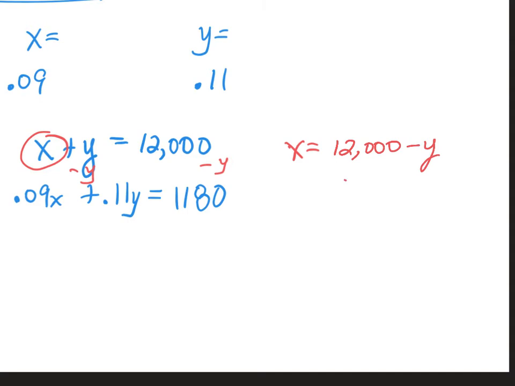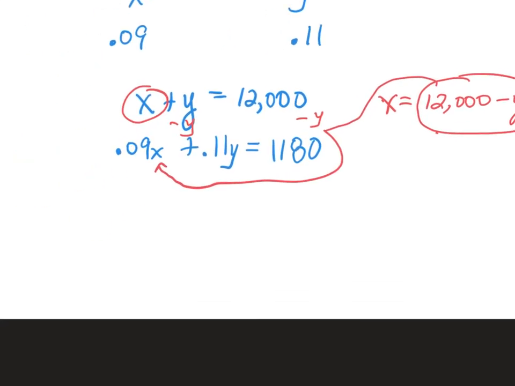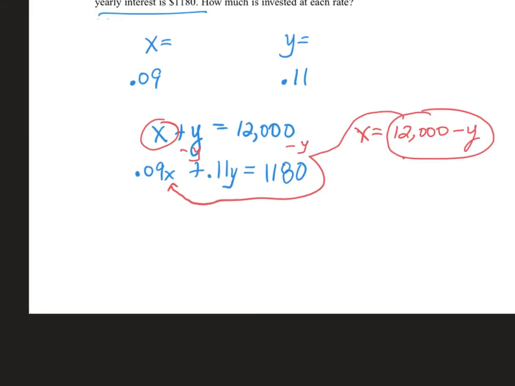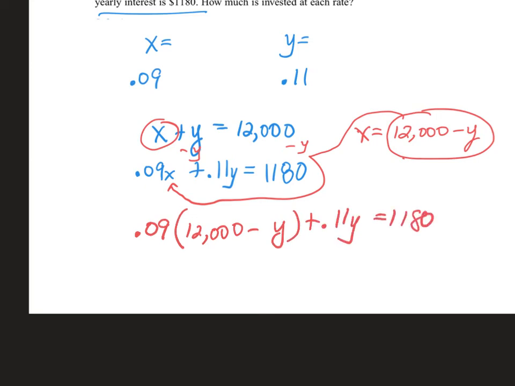So all we're going to do now is substitute in for x. Again, if you don't like decimals, then just multiply everything by 100. So I have 0.09 times what? 12,000 minus y, plus 0.11y equals 1,180. Now, you guys need your calculators.